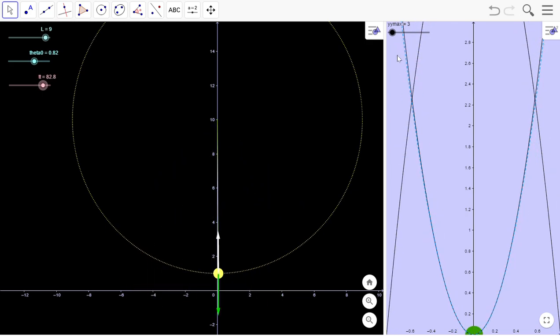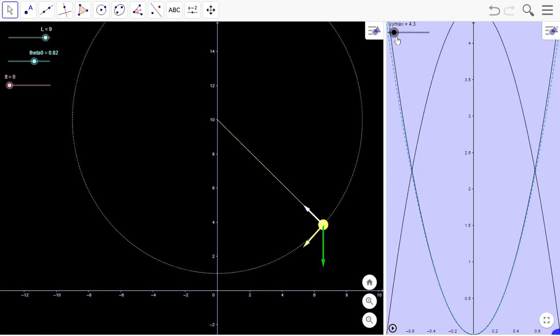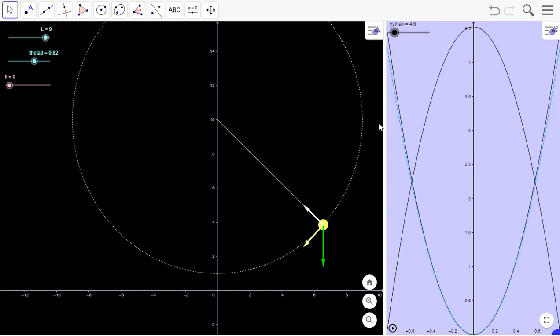All right, let me stop this. Let me see if I can get this scale back down to where we can see what's going on over here. These are our energy curves. Now, one of these is potential energy and one is kinetic. Which is which? Let's think about it. Let's get it going again.